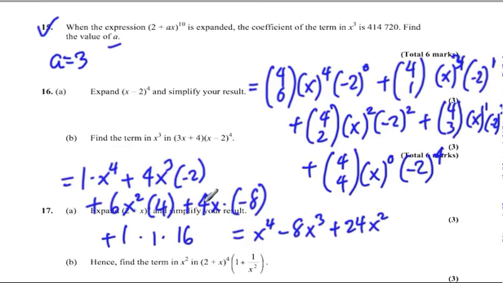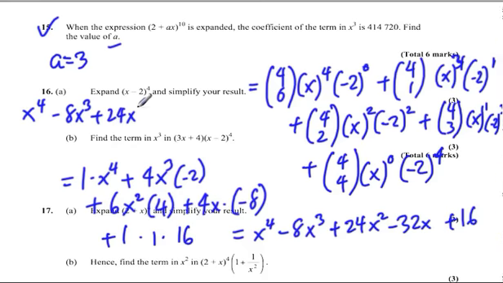This is 8 times 4, so it's negative 32x, and then plus 16, right? So the expansion of this is going to be x to the power of 4 minus 8x cubed plus 24x squared minus 32x plus 16.